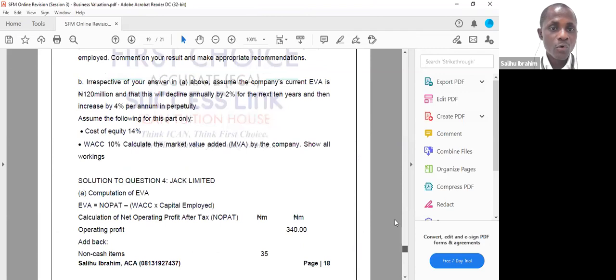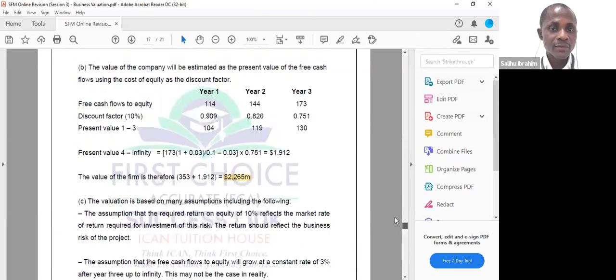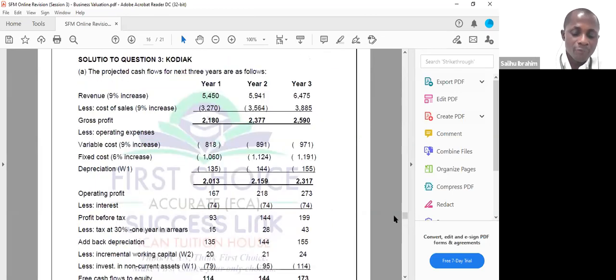Where do we have that? Variable cost is 15% of sales. So what is 15% of 5450? 0.15 times 5450 is 818.18. So how is it not correct? I don't understand. So let us continue. There's nothing wrong with the figure there.